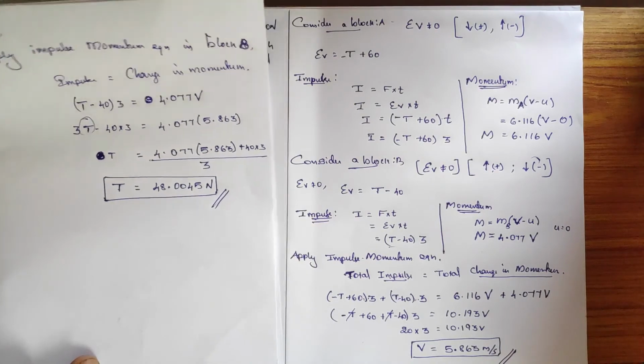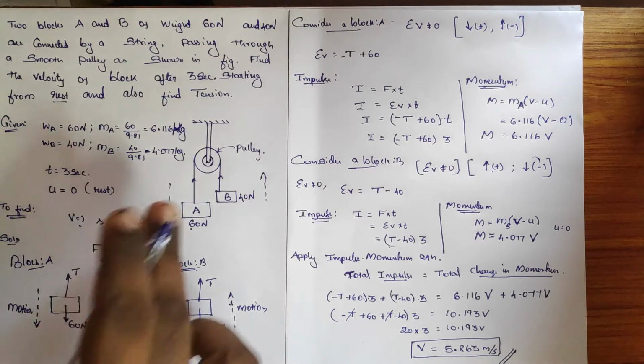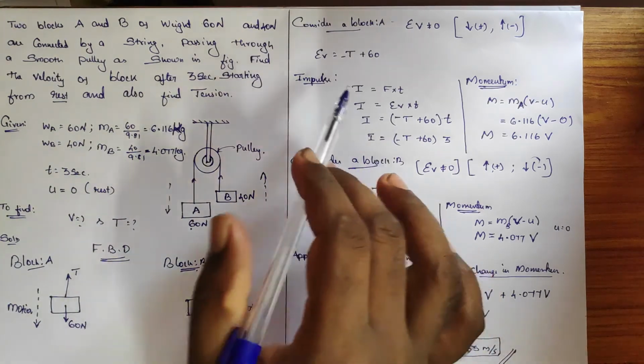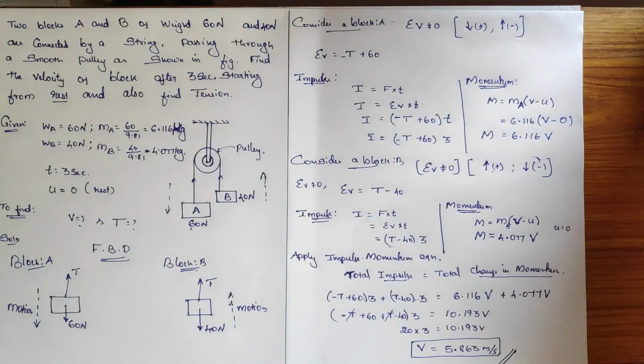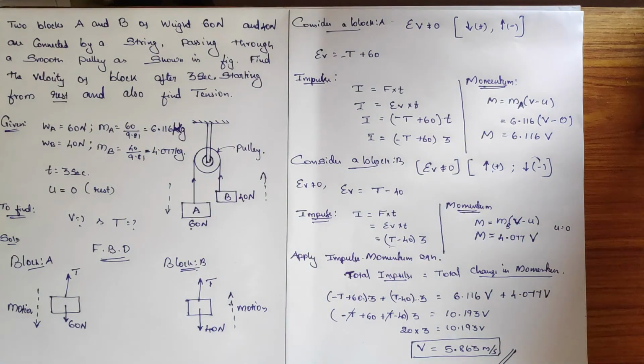I hope you understood how we need to work when you have such a question using the impulse momentum equation. It's so easy. Just draw the free body diagram for each one, and afterwards identify the impulse and momentum for each block. When considering the forces, we must see in which direction the motion is.